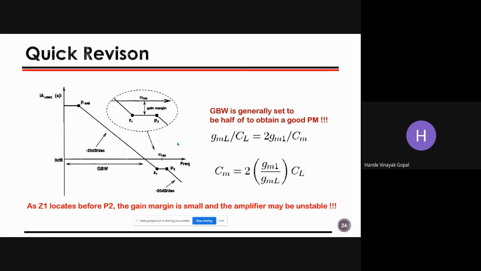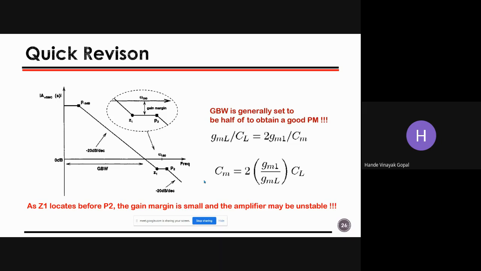And this is the frequency response you get here: generally Z1 can come before P2, and this is not at all permissible, because as it is an LHP zero, your phase response reduces by asymptotically 90 degrees, and P2 comes immediately after that, so at that frequency you have a double factor which reduces your phase margin significantly, right?